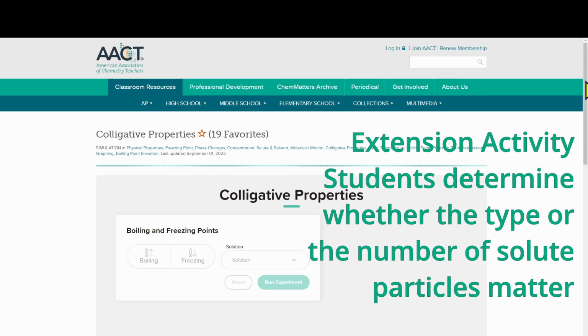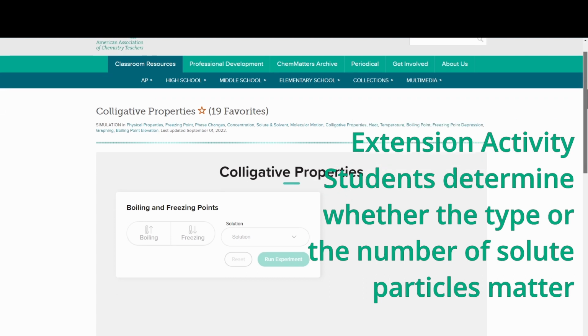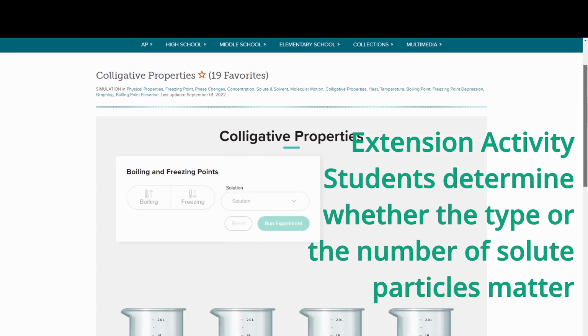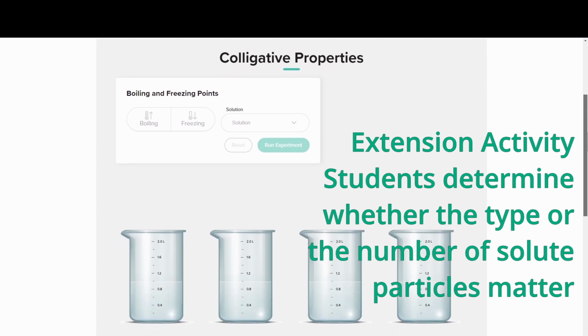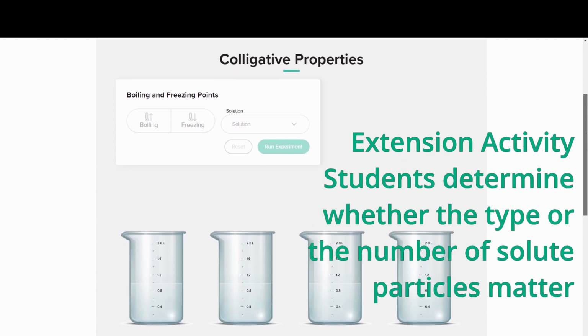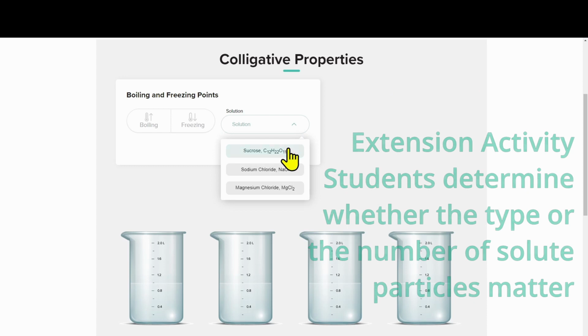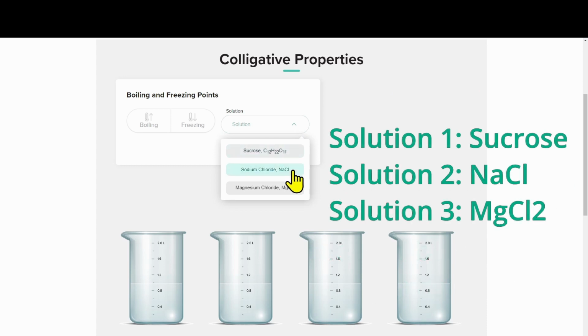We are here at the website of the American Association of Chemistry Teachers, and this particular simulation involves colligative properties. And I'm going to scroll down and show you what students can now investigate. So in terms of solutions, there are three options: sucrose, sodium chloride, and magnesium chloride.